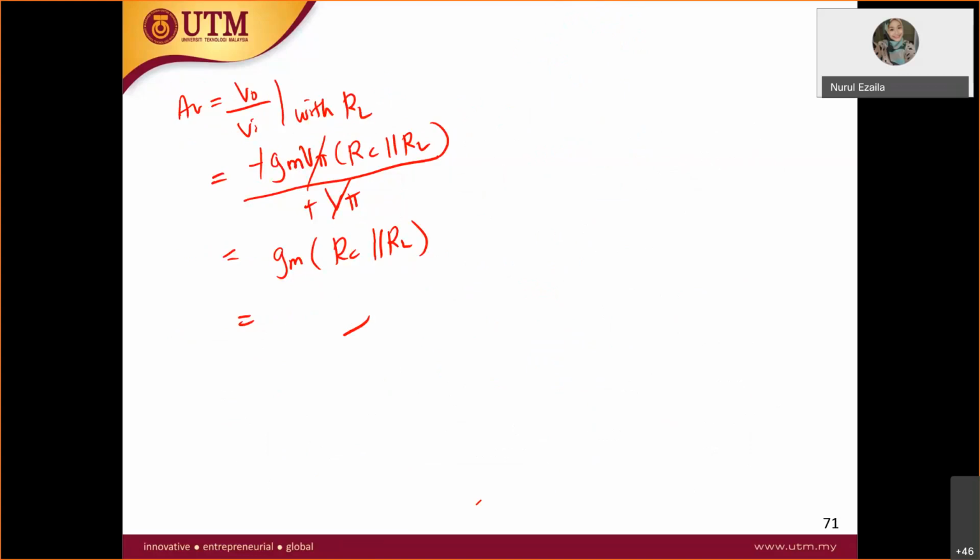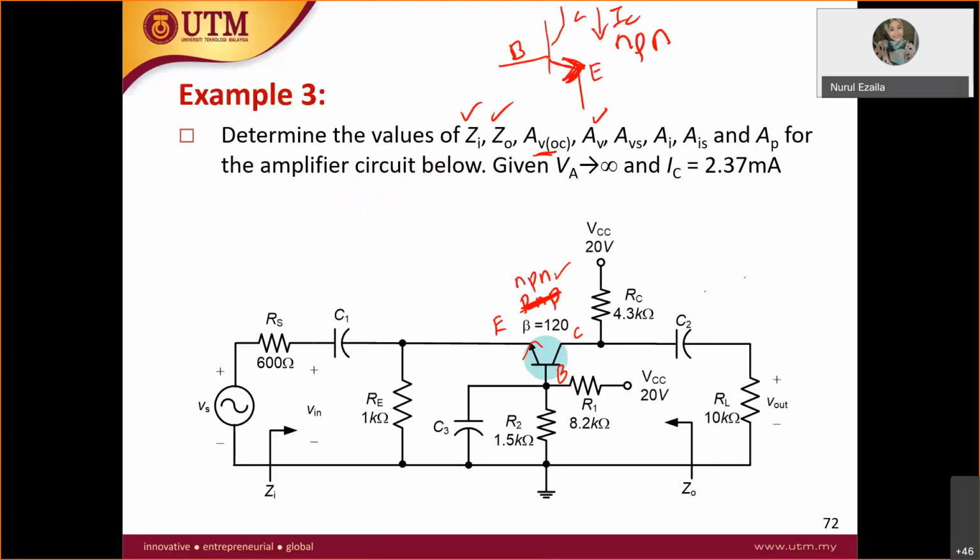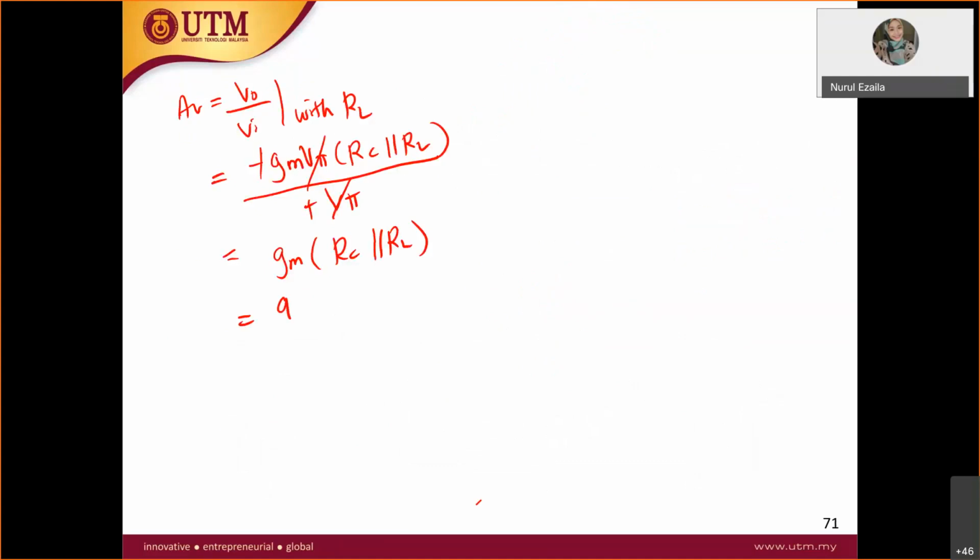Because GM over here is the same value as in the previous example, 91.1 millisiemens.